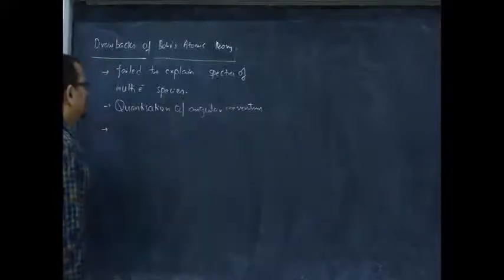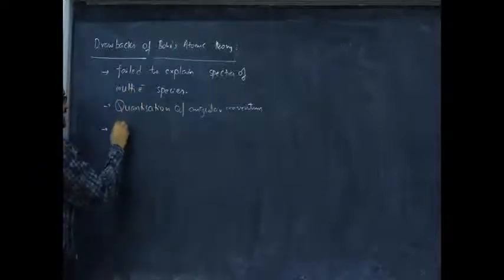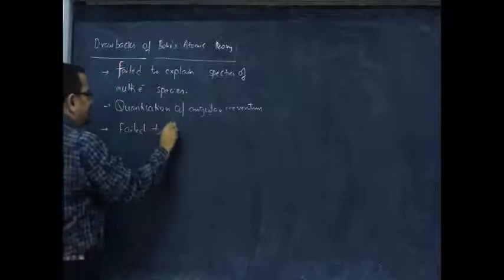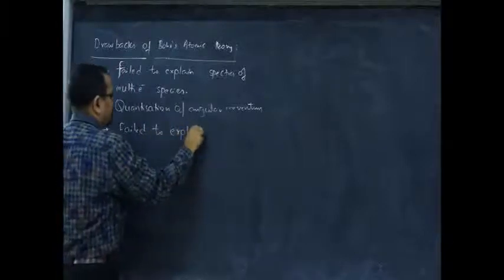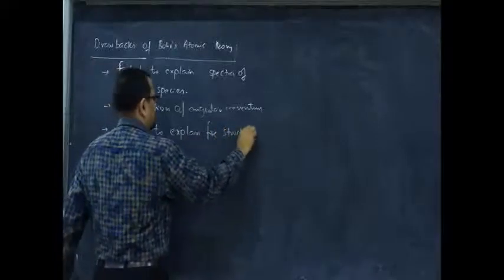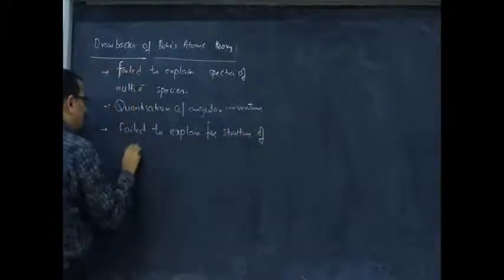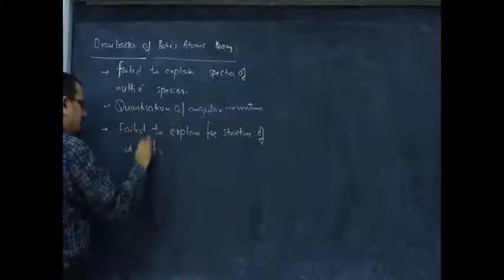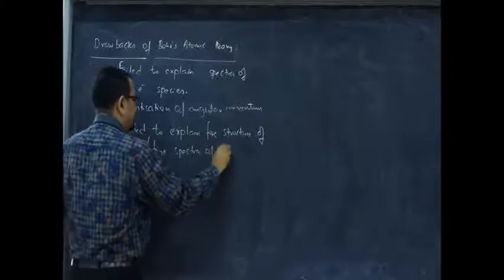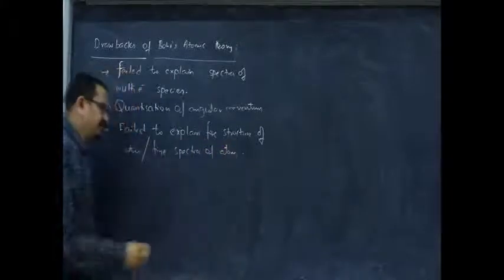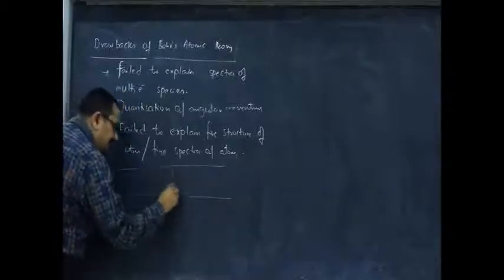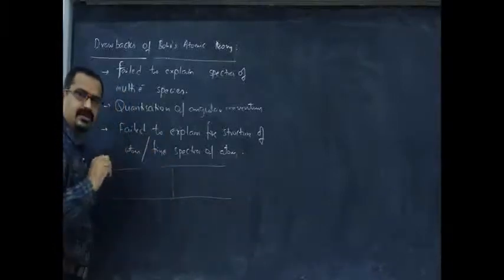Next, this theory failed to explain fine structure of atom, also called fine spectra of atom. Fine structure or fine spectra of atom means, we have learned about line spectra, where sharp well-defined lines can be noticed on a dark background.